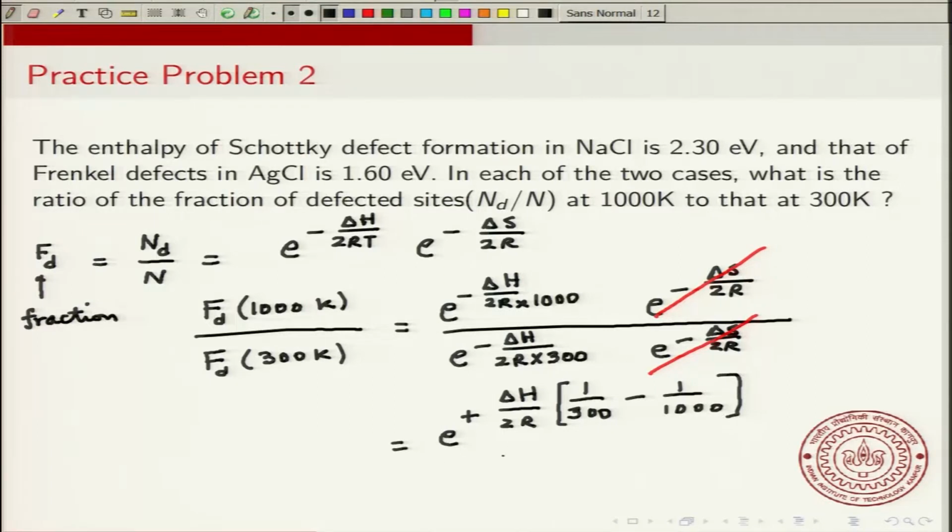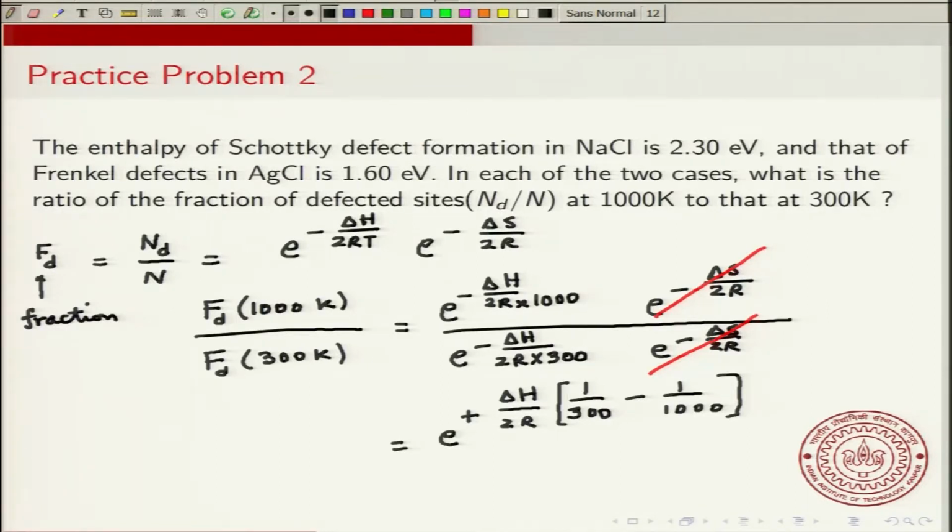Okay, so this is the expression that we'll use. The fraction of defects at 1000 Kelvin to the fraction of defects at 300 Kelvin is given by this expression. Now there are a few things you have to keep in mind.